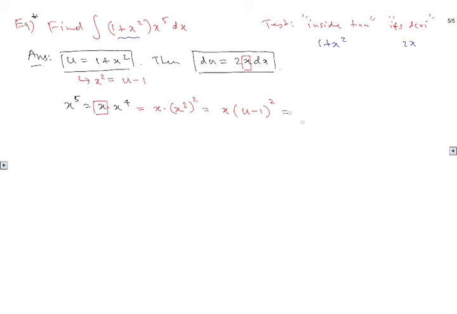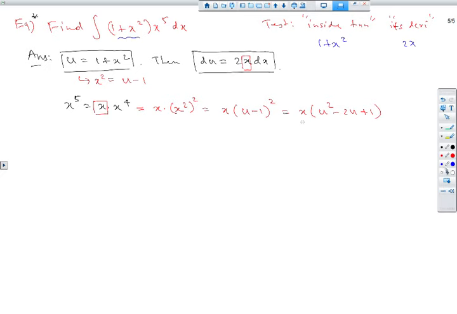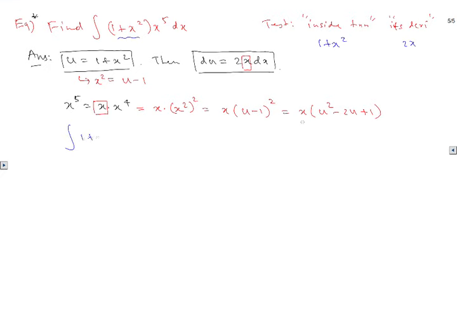We're going to substitute u minus 1 squared. See, we don't do anything with x. This is u squared minus 2u plus 1. Now see what's going to happen to the integral. That's the interesting part. The integral now is 1 plus x squared times x to the 5th dx.